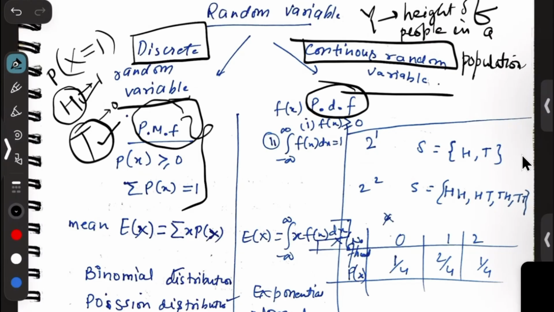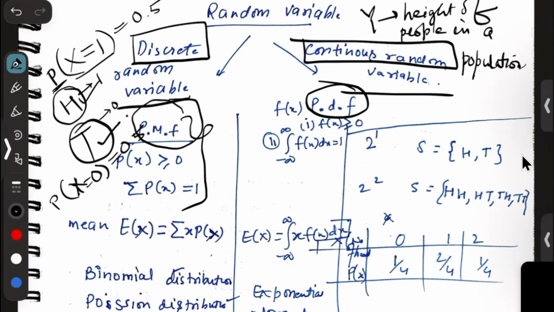So the probability of x equal to 1 is 0.5, and the probability of x equal to 0 is also 0.5. So this is how it goes.